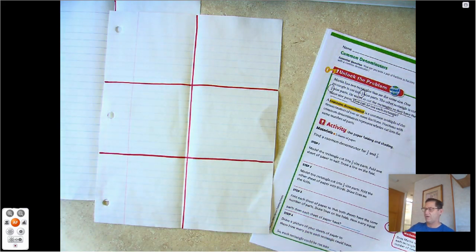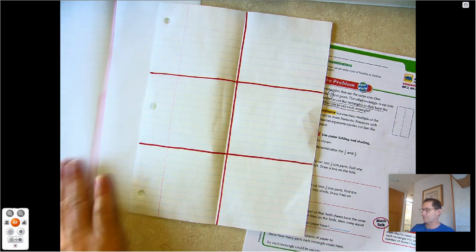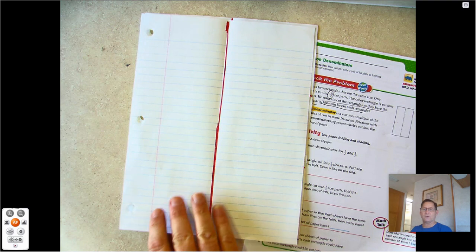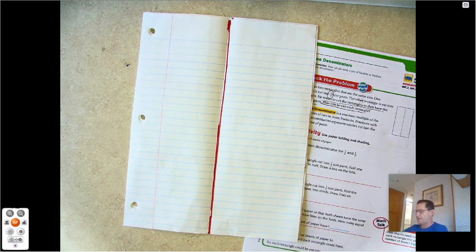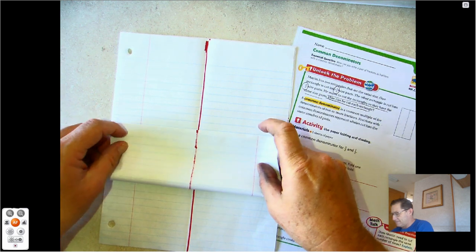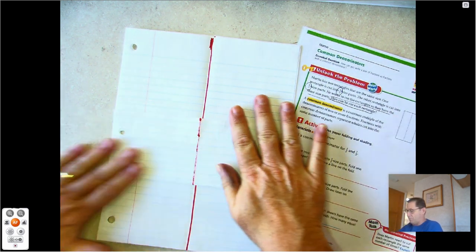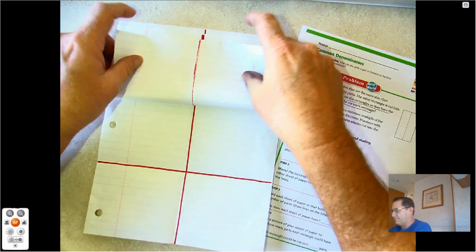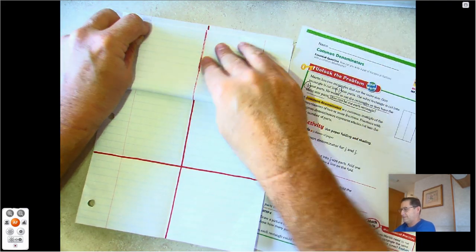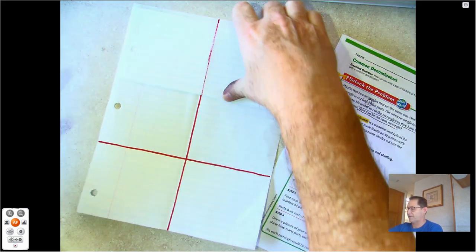All right, and so now I have 6 sections, 6 equal parts. Well, this part still only has 2. What happens if I take the paper with 2 parts and fold it so it has 3 more parts?